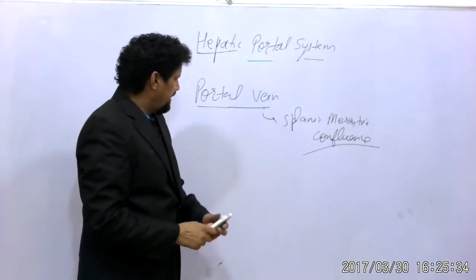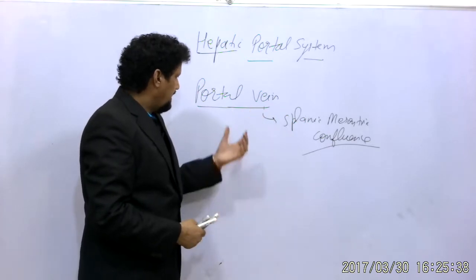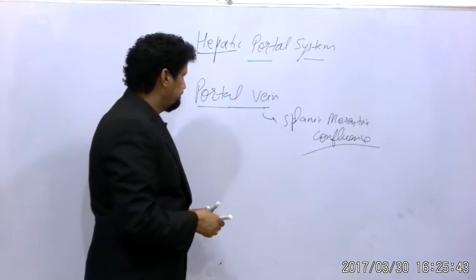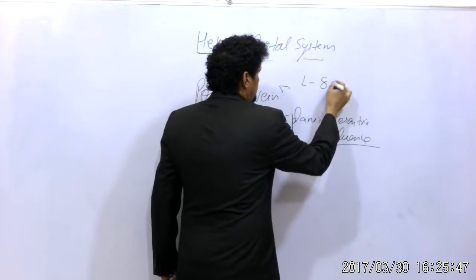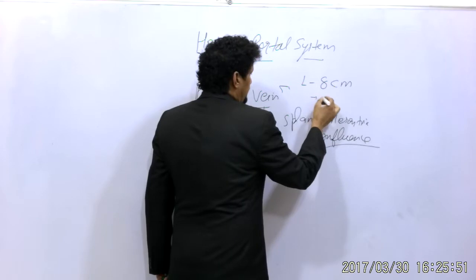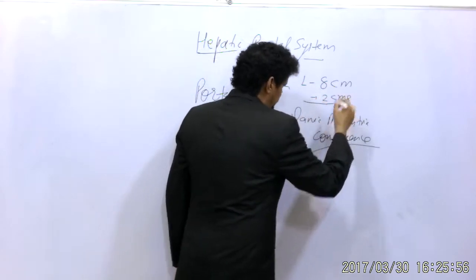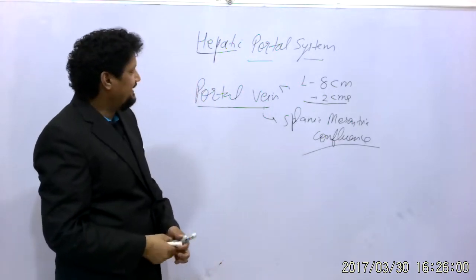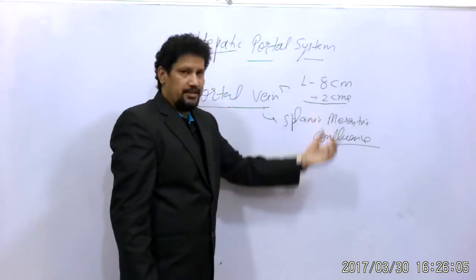It is a big vessel of the body but having a length of only 8 centimeters or 3 inches, and the width is 2 centimeters.